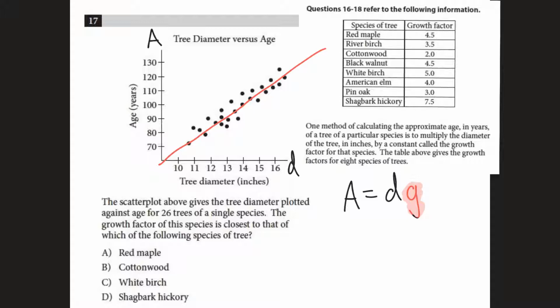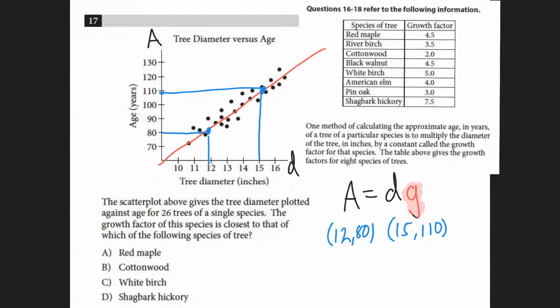Well, let's approximate here. I'm going to approximate that we've got a 12, 80, and let's say we've got a 15, 110. Okay, so a 12 with an 80 output and a 15 with a 110 output.